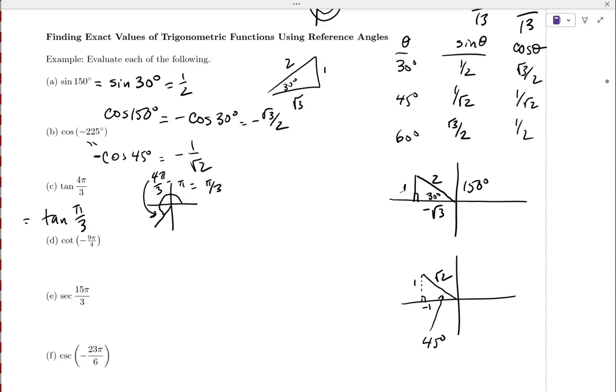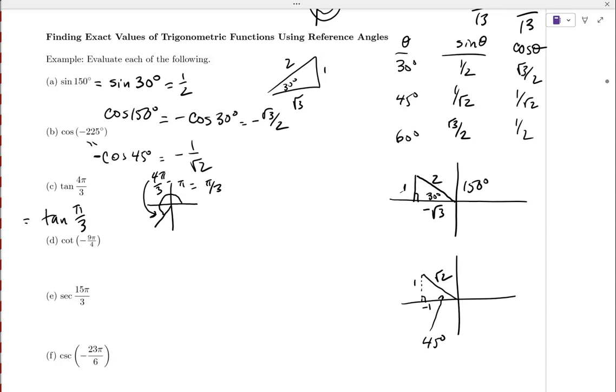We just have to figure out if it's the plus or the minus. So there may be a sign I need to put in front, either positive or negative, but it's literally the same absolute value as tangent of pi over 3.